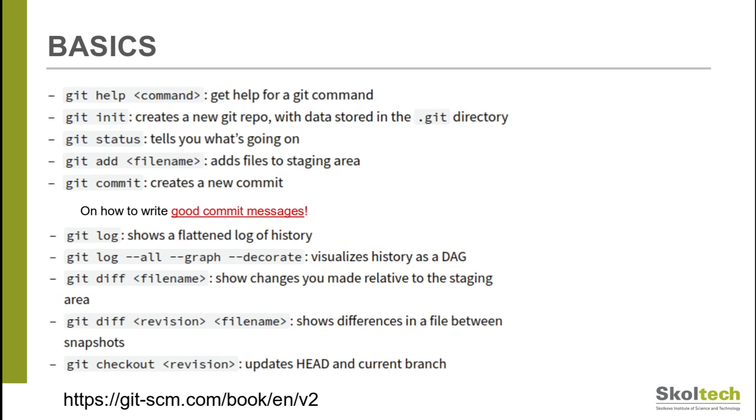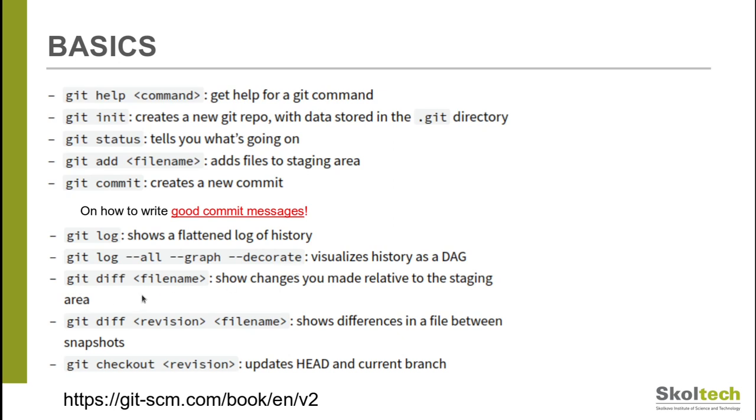It is crucial to write good commit messages. So I encourage you to visit this link and see how to write good commit messages. Git log shows a flattened log history. Git log with these flags can print a graph of your history.